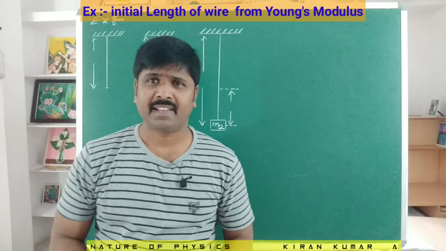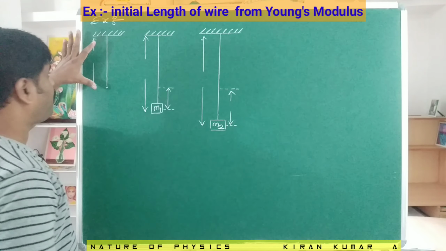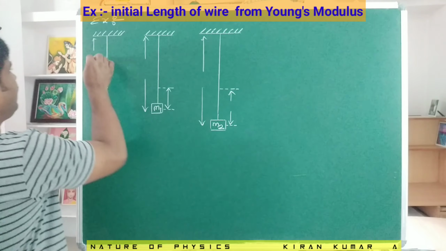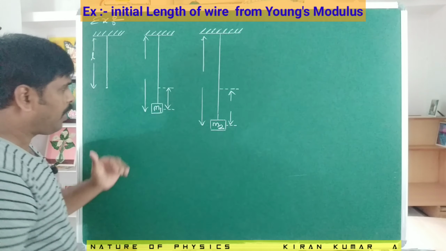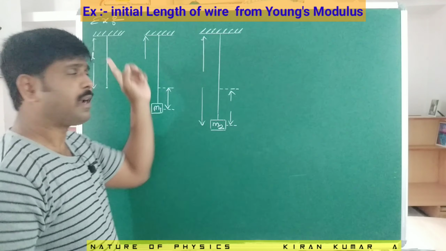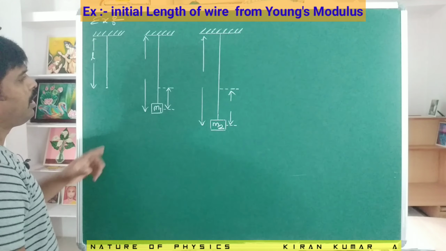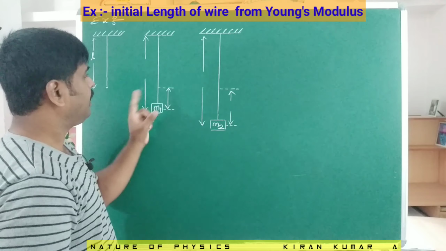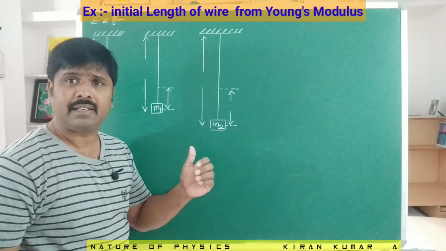Now one example, considering a wire of length L. One end of this wire is connected to a rigid support and the other end is a free end. Now to the free end, mass M1 is connected.